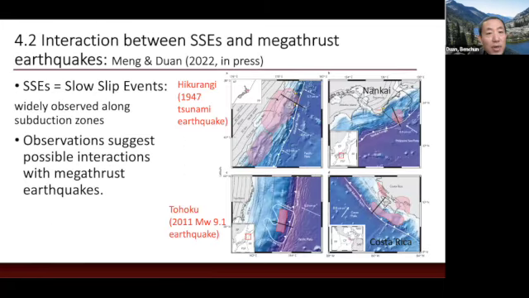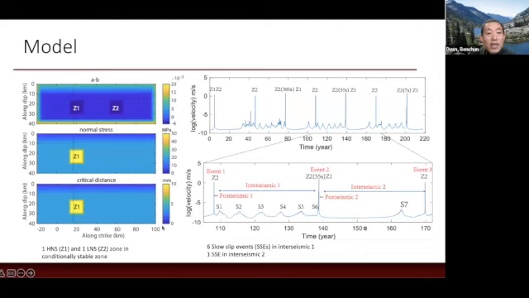Another example is to look at the interaction between SSE, slow slip events, and megathrust earthquakes. For example, observations suggest possible interaction between large events like Tohoku and slow slip events beforehand. In this case, historically we have two tsunami earthquakes here, and we use this earthquake simulator with a relatively wide model compared to the previous case.